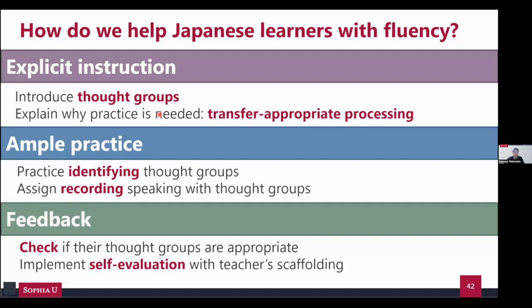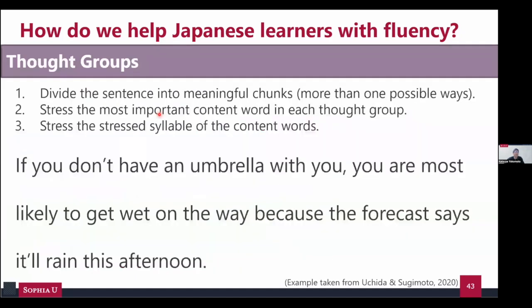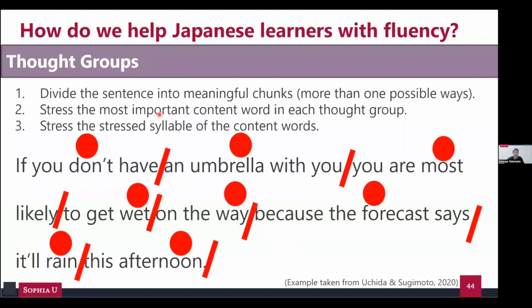And here is a sample thought group teaching. Divide the sentence into meaningful chunks, stress the most important content word in each thought group, and stress the syllable of the content words. This is just one sample. If you don't have an umbrella with you, you're most likely to get wet on the way, because the forecast says it's raining this afternoon.